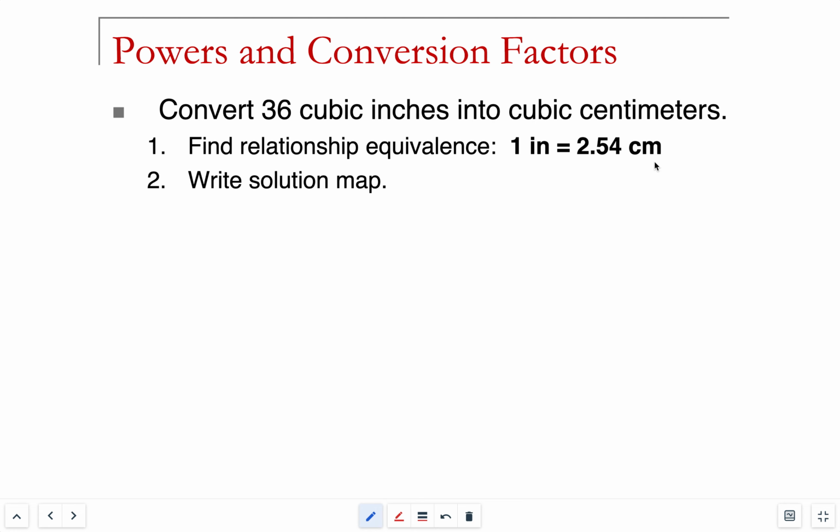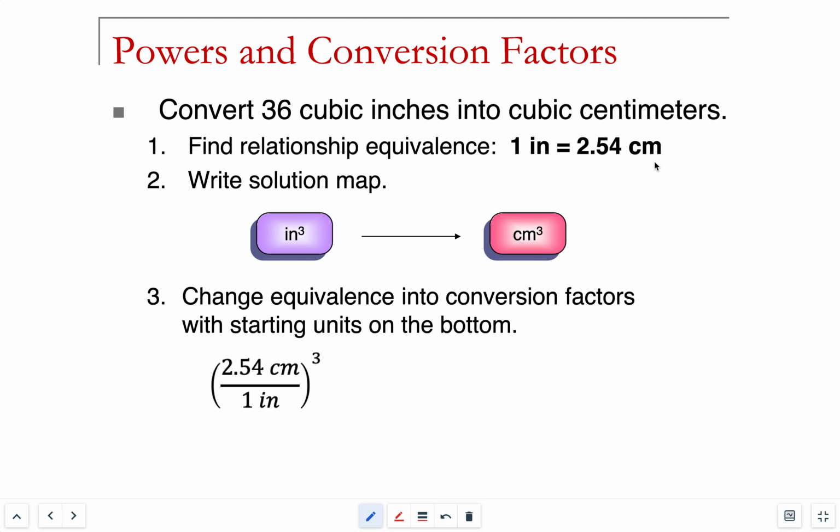We write our solution map starting with 36 cubic inches, and right where we're trying to go to, which is cubic centimeters. So our relationship then, we want cubic inches on the bottom and cubic centimeters up top. So we divide both sides of our relationship here by 1 inch. But we have to cube the whole thing. So this is important, right?